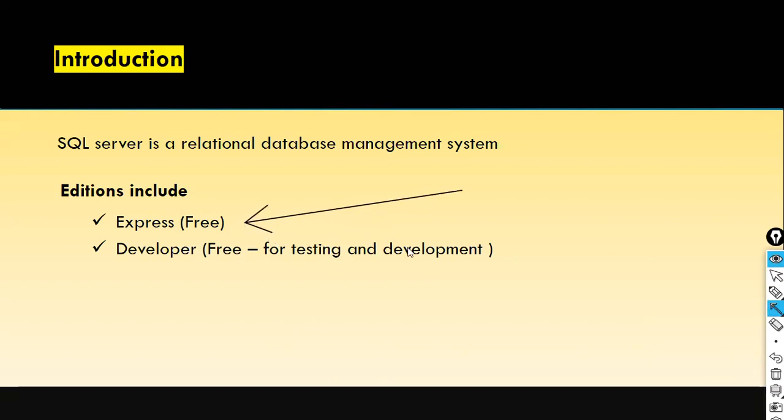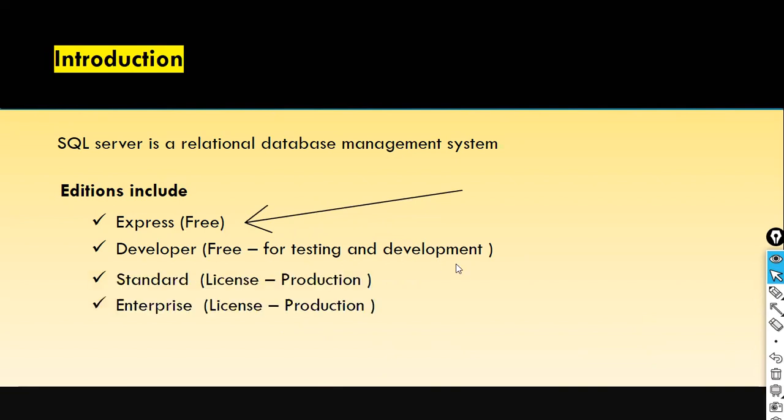The other one is the Developer edition. Both of these editions are free, okay, it doesn't involve any licensing cost. And the next ones are the Standard and Enterprise. These are for enterprises or companies, and the Standard is a licensed one, and the Enterprise is also a licensed one.